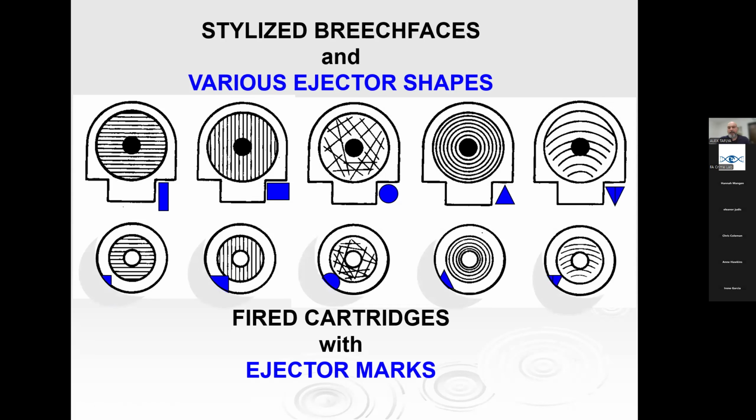And this is what it would look like on the actual cartridge case. Everything is inverted because it's an impression. The ejector marks can be rectangular, round, or triangular. As you can see here, they don't necessarily replicate completely. This rectangular one looks like a triangle because only part of it actually hits and interacts with the cartridge case.